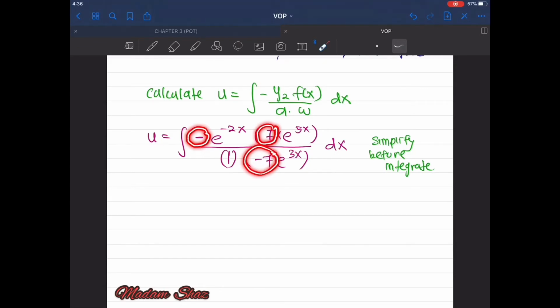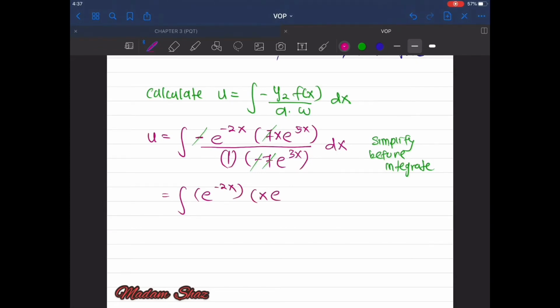So that means we can cancel out every term here. You can cancel out the negative and negative, and you can cancel out the 7. So write back the terms that you have. Exponent negative 2x, x exponent 5x, divided by 1 multiplied by exponent 3x will become exponent 3x dx.